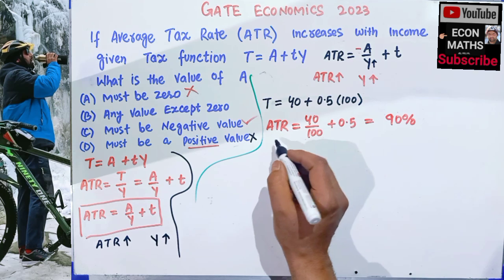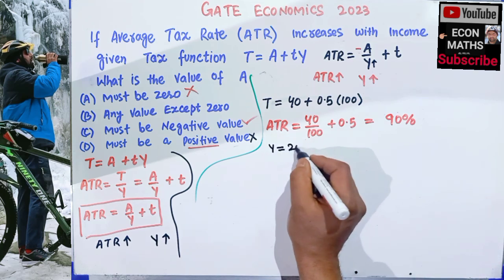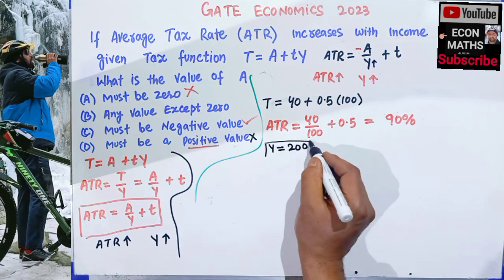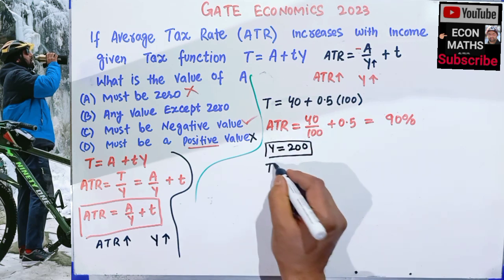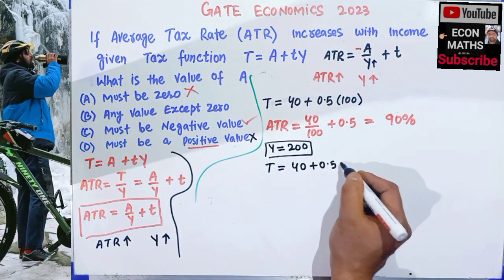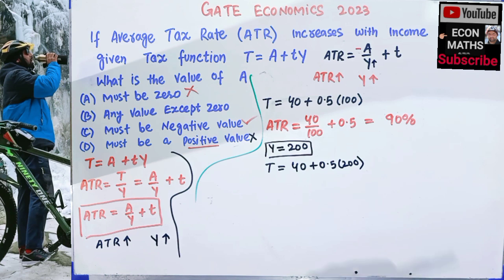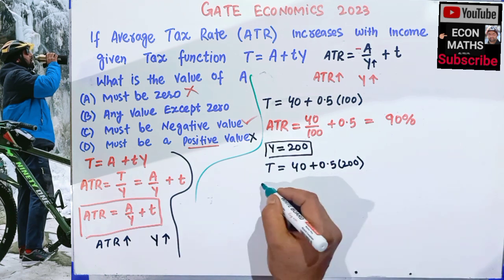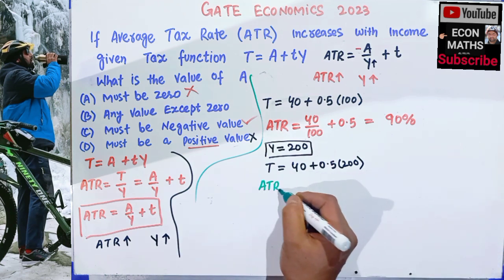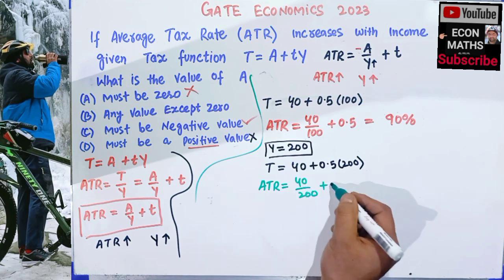Now let us say when income increases to 200, what will be our tax function? So tax function will be 40 plus 0.5 times 200. Then average tax rate will be equal to 40 upon 200 plus 0.5.